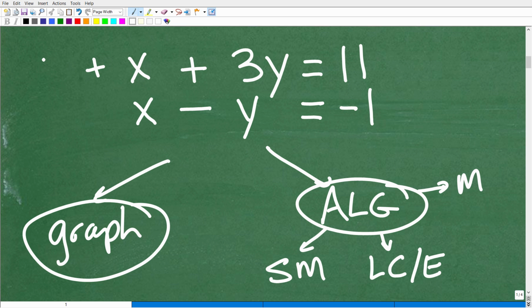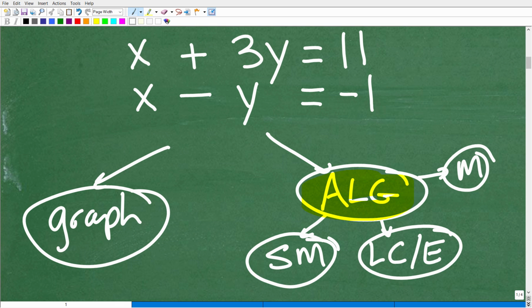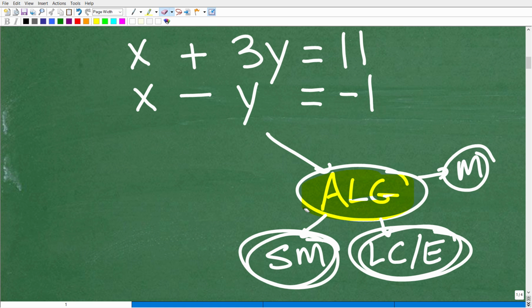In other words, I can add another variable z here, and for those three variable linear systems, you could use matrices, but you also need to know these techniques right here. So from a practical standpoint, you always want to use algebra, and the main techniques you want to use are the substitution method and the linear combination elimination method. You need to know both of those very, very well.